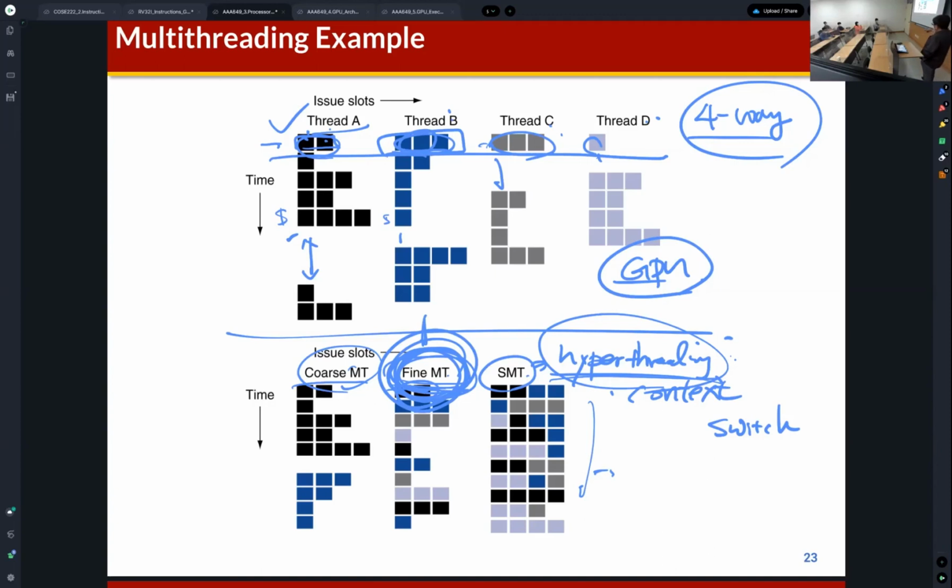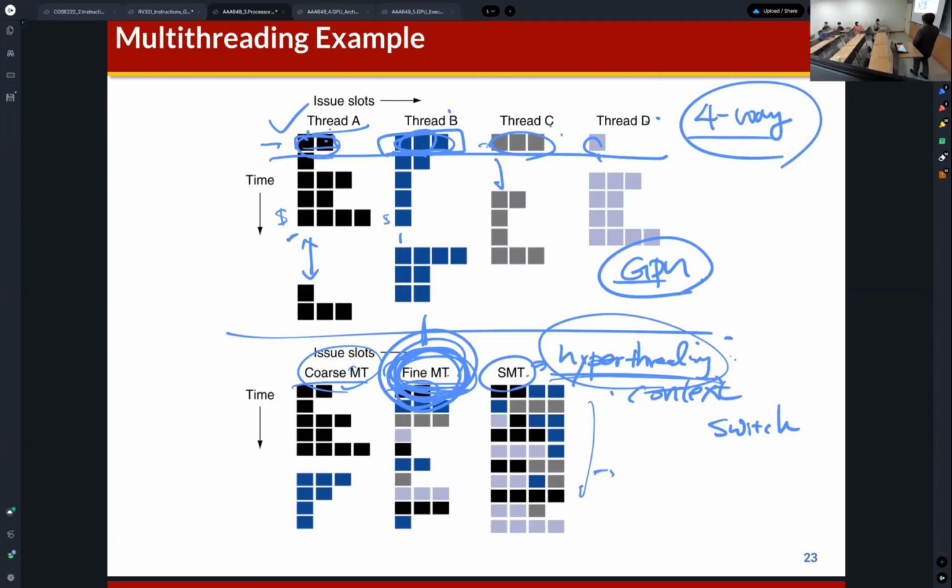The modern processors, which means the modern CPUs, use superscalar architecture, out-of-order processing, speculative execution, and multi-threading. Some cores support multi-threading, and some cores do not.